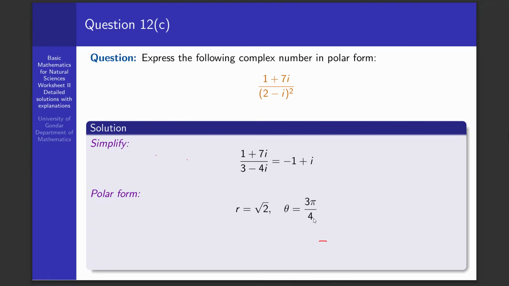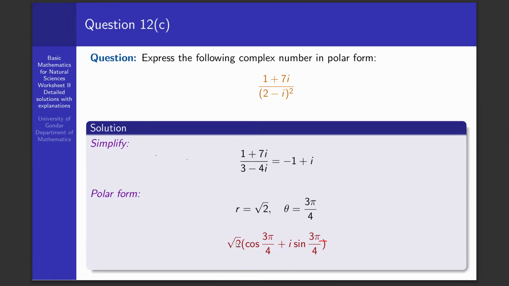Therefore, the polar form of this complex number could be radical 2, which is r, times cosine of 3 pi over 4, that is the argument, plus i times sine of 3 pi over 4. Therefore, this is the polar form of this expression, or its simplified form, which is minus 1 plus i.